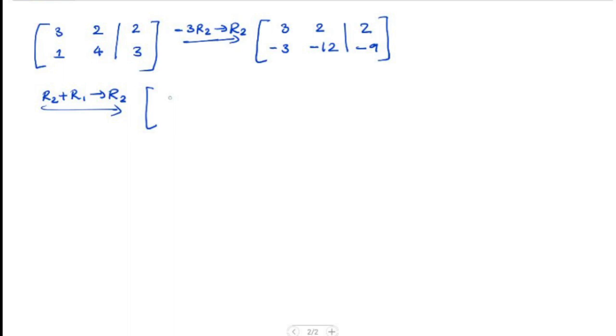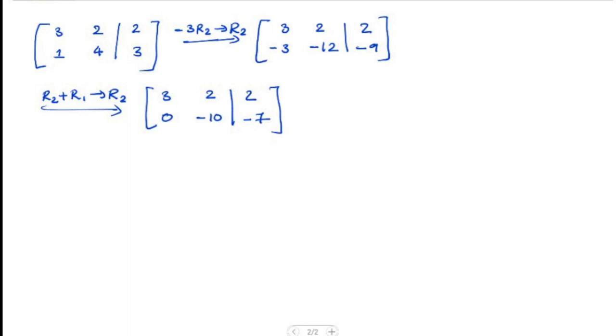Row 1 is not changing, so again it's 3 2 2, and for row 2 we add row 2 with row 1. So -3 plus 3 is 0, -12 plus 2 is -10, and -9 plus 2 is -7. So now our augmented matrix is in row echelon form, and we can work out the solution vector.